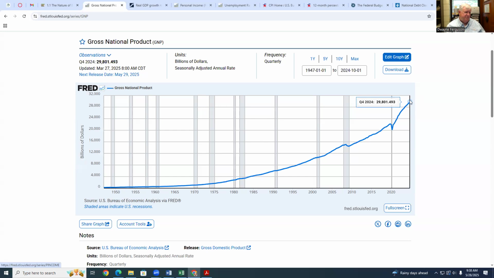You can see that it's been pretty much straight up since the 70s, but the only time we had a real downturn was, of course, in the pandemic. When COVID hit in 2020, we saw a dropout in the amount that was produced because people weren't allowed into work most of the time.